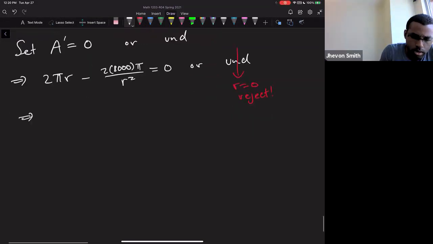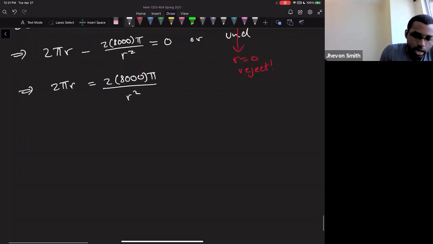For this one, you would have 2 pi r equals 2 times 8,000 pi over r squared. Could multiply both sides by r squared, get r cubed, and divide both sides by 2 pi.